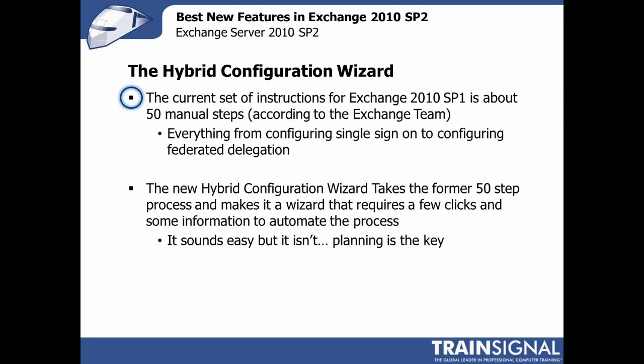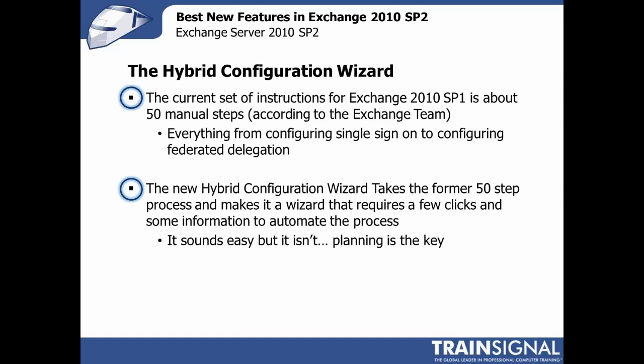They're saying that very soon they'll update that so that you'll have the SP2 settings for the hybrid configuration wizard. Now, the new hybrid configuration wizard takes that former 50-step process and makes it into a nice wizard that requires just a few clicks and some information to begin automating the process. Now, it sounds easy. It sounds like maybe it's too easy. It's not really true. There's a lot of planning that's involved.